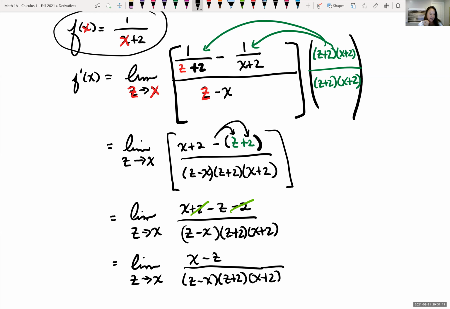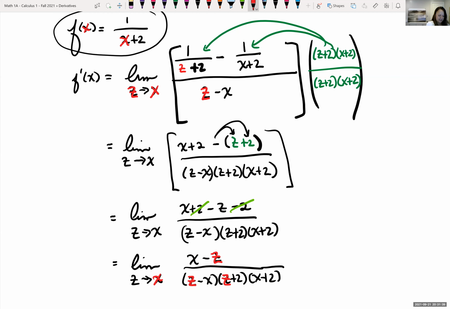If I go in there and plug in x wherever I see a z, I notice my numerator, I'm going to have x minus x, which is 0.